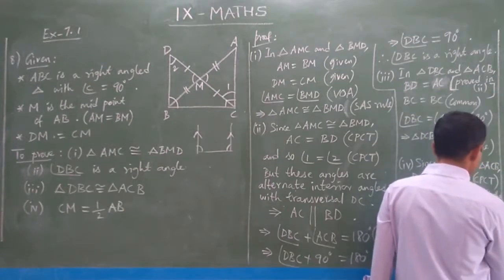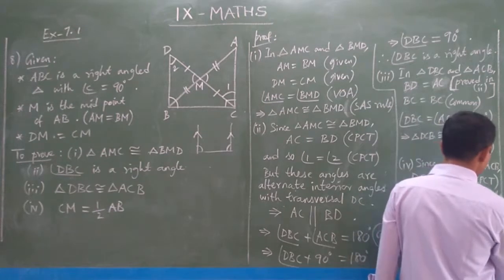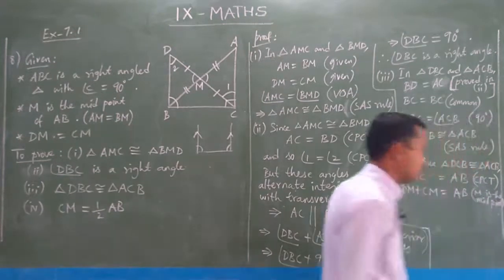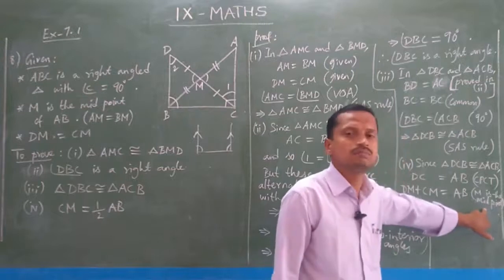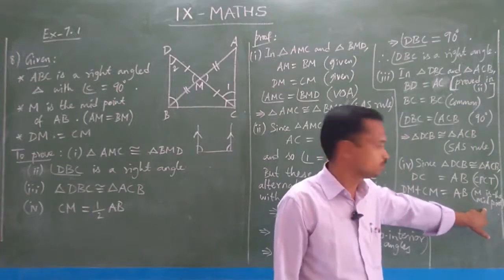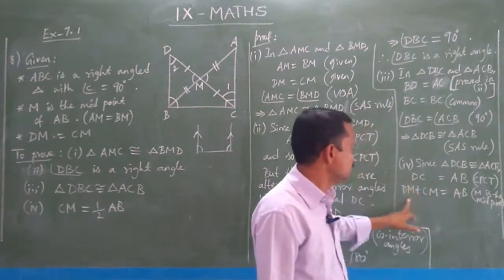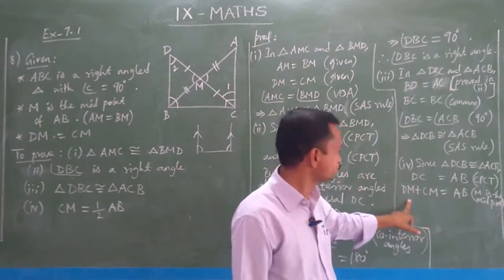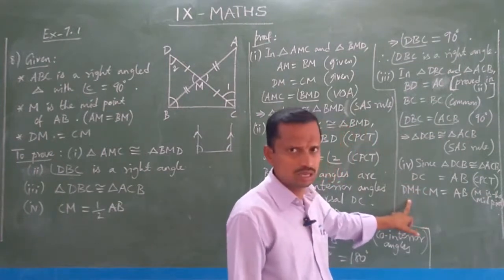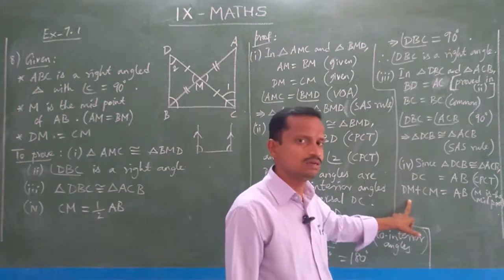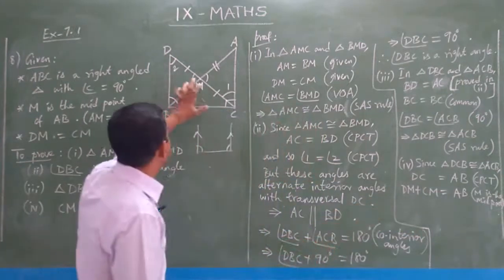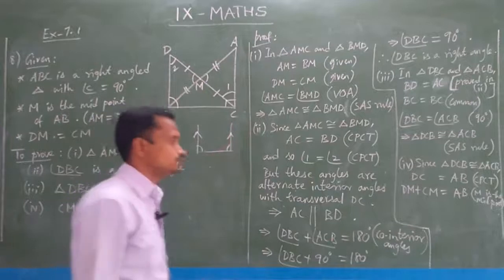We have to write the reason here: M is the midpoint. Then only we can have DC as DM plus CM. Anyhow, from the figure, DM plus CM is BC only.